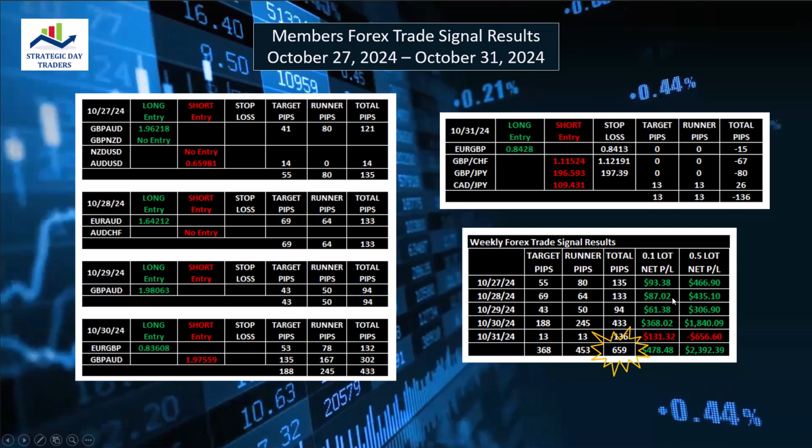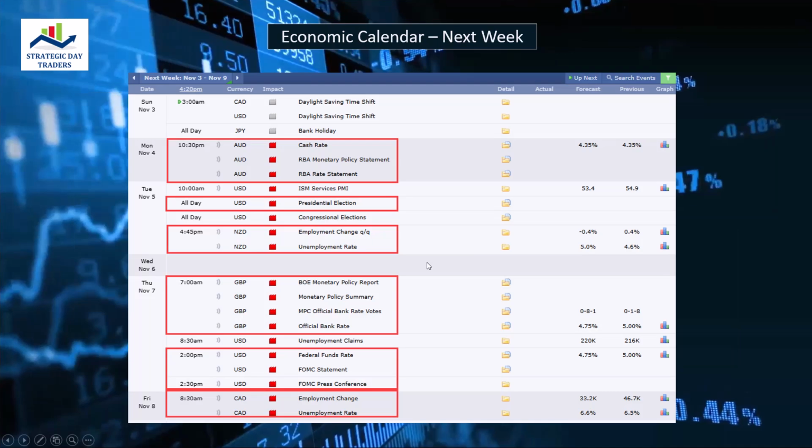If you were only trading a micro lot, 0.1, then that was an easy $400 or $500. If you're trading a half of a lot, if you have a bigger account size, then you did quite well. So even in the face of a couple of losing pairs on one particular day, the overall strategy really was a net very positive win.